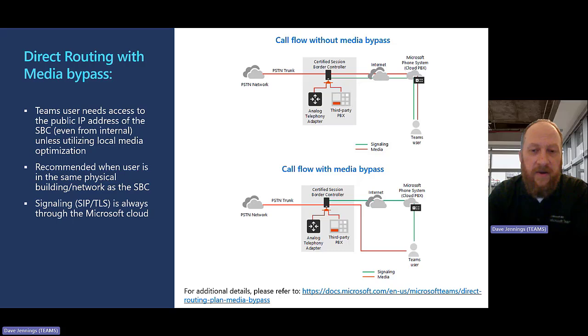So the key there is that we're reducing the number of hops and processing points required, again, to provide a more direct connection to support additional optimized scenarios where required.